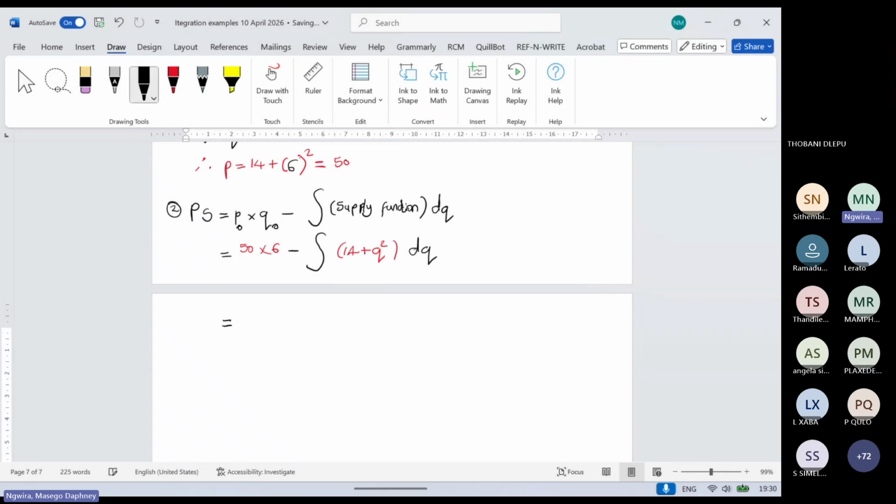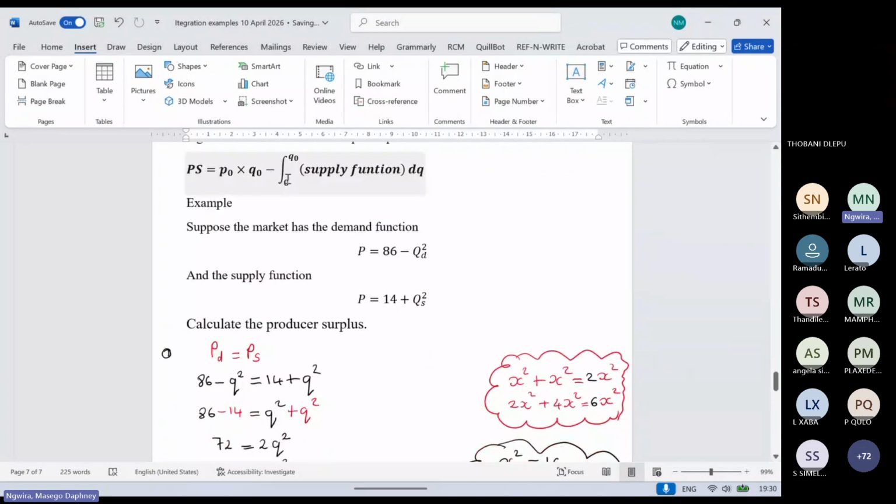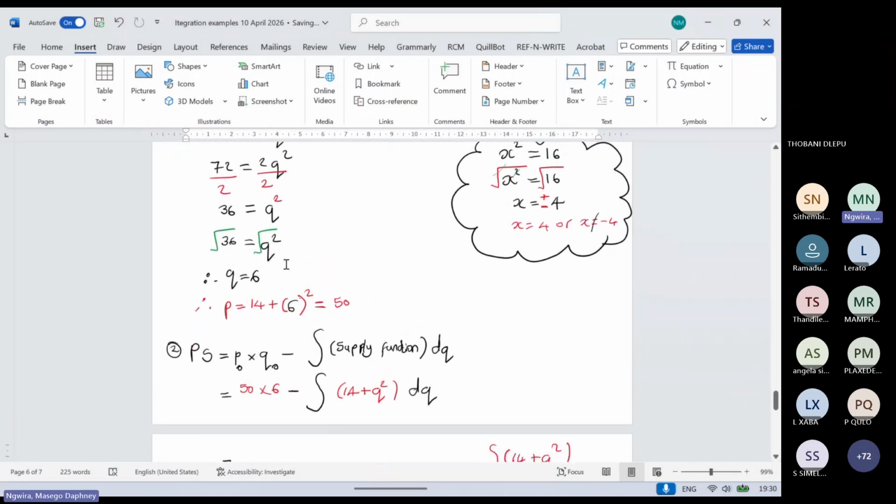Then this is equal to, so now let's integrate on the side so that we understand again. When we integrate 14 plus Q squared dQ, I didn't write the limit. Did I write the limit? No. So the upper limit is Q, which is 6, and the lower limit is 0, this is Q0.